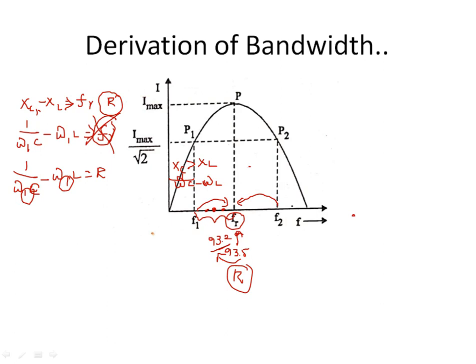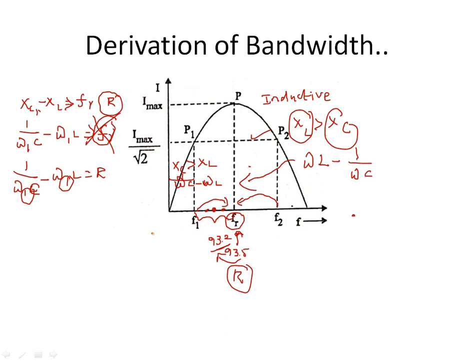Similarly, we have to write the equation on the right hand side. What is the right hand side? The right hand side should be purely inductive, that is more inductive. More inductive means XL is greater than XC. So higher value minus smaller value, omega L minus 1 by omega C, approaches the resonant frequency, that is R. At resonant frequency, the circuit will be purely resistive.